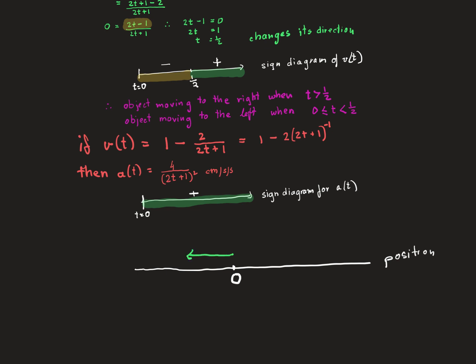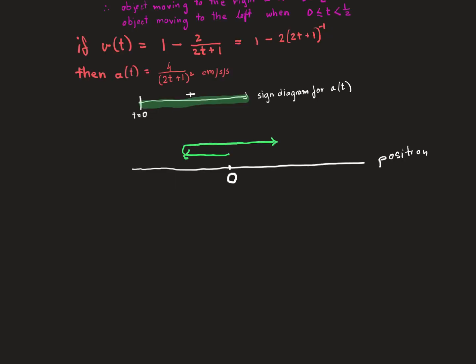Now, how far did it get to when it started going left? And then it changed its course to go right again. So I want to know how far did it go left? Well, I'll need to look up my displacement and say for half a second, what happened after half a second with my displacement?